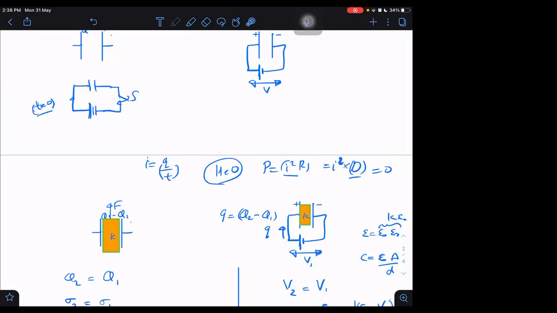And what charge flows here in that 0 time? It becomes CV. So suddenly the charge will become CV in 0 time. Then what will be the current in that case? Infinite. And if it is infinite current, then there can be power loss, even though the resistance is 0, even though it is a conducting wire.